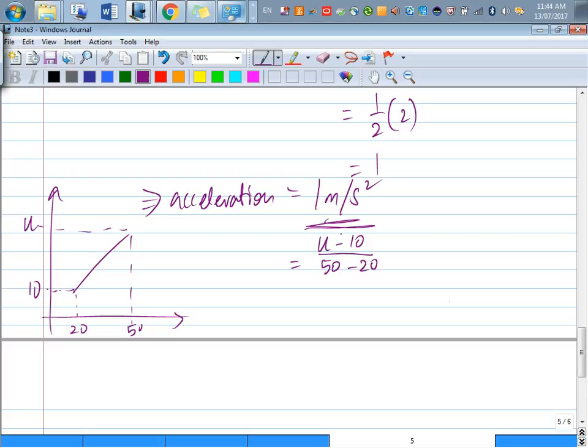And this is equal to 1. Therefore, u minus 10 equals 50 minus 20. u equals 30 plus 10, 40. They only want the value, so the value is 40. With units it will be 40 meters per second. Okay?